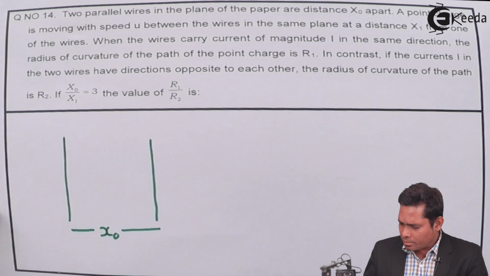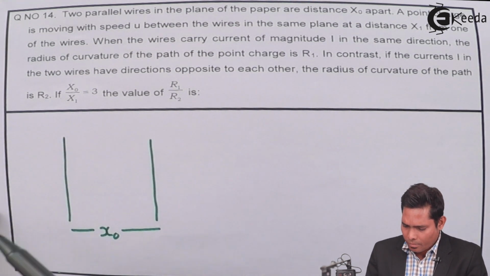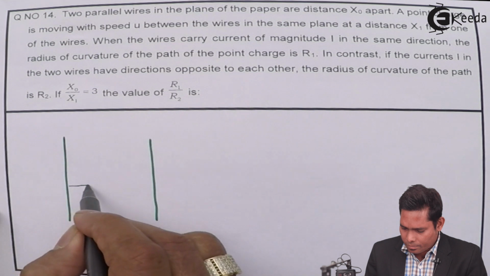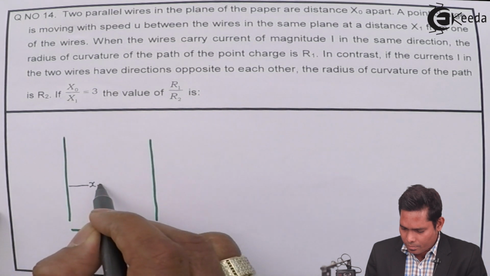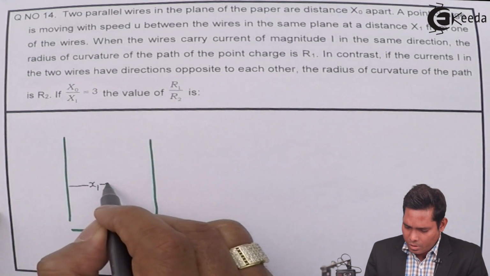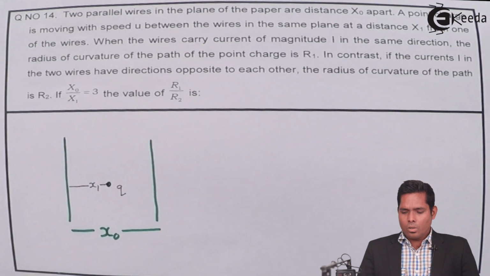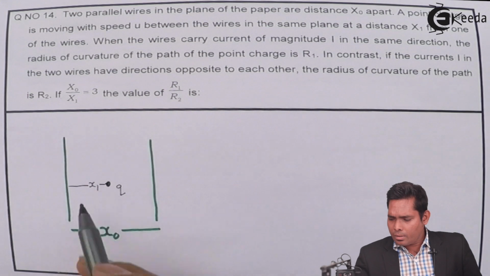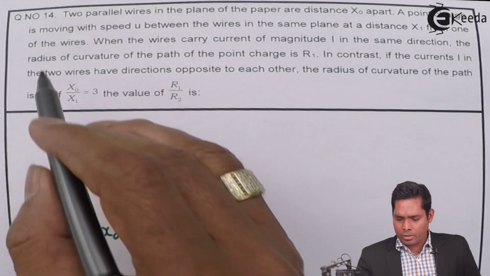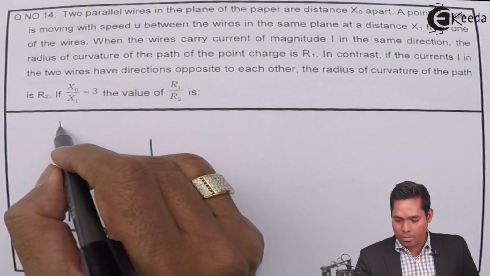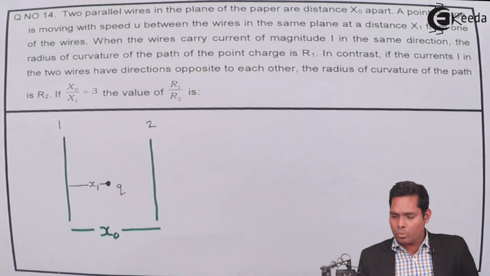Suppose this is the charge q, which is at a distance of x1 from this wire, wire number 1, and this is wire number 2.